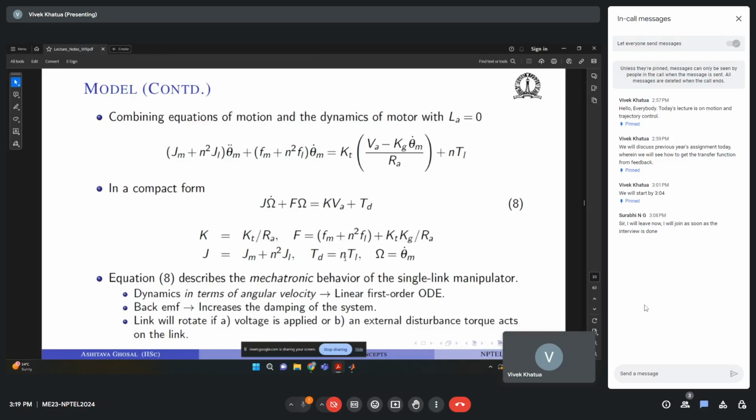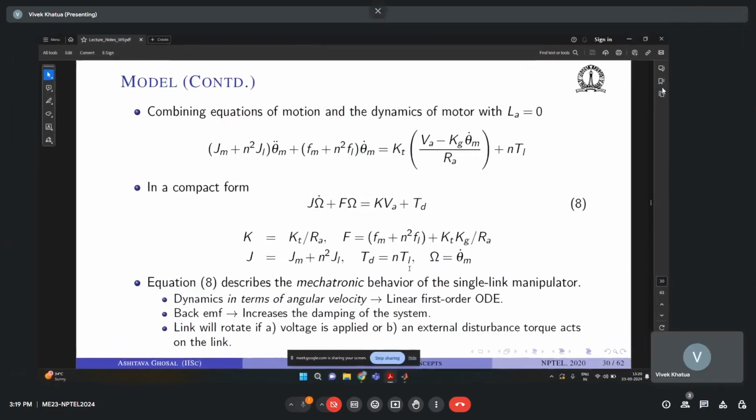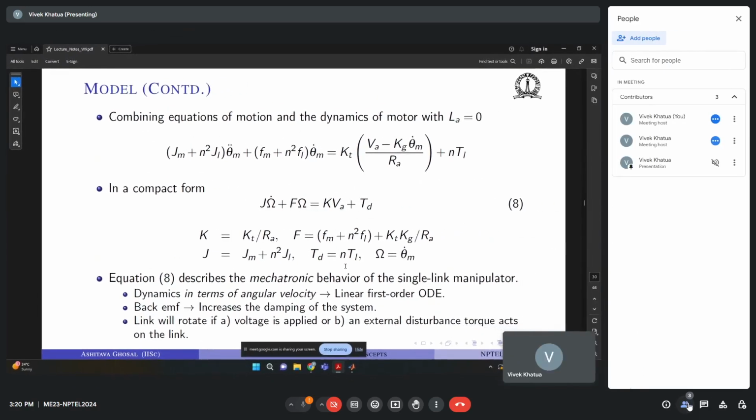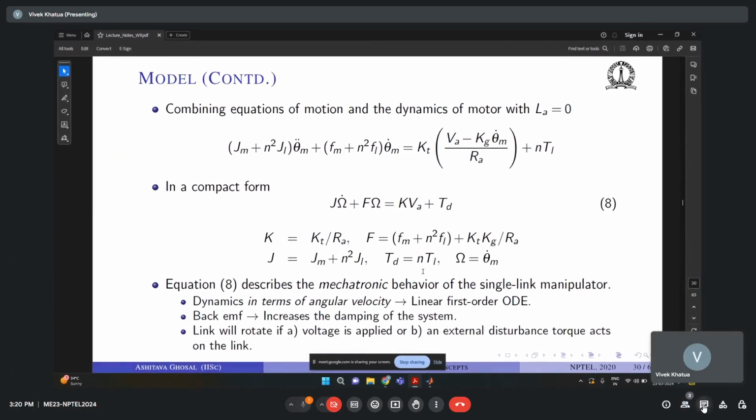Like here you can see n times the torque on the link, right? So what is torque on the link? It is either you're applying some force onto your link, and that is why you have got your torque on the link, right? So this is your disturbances.